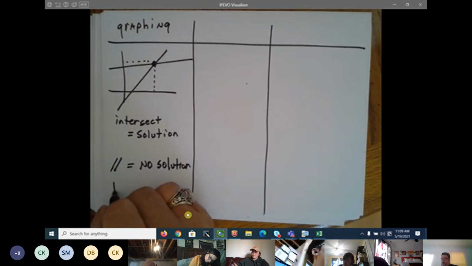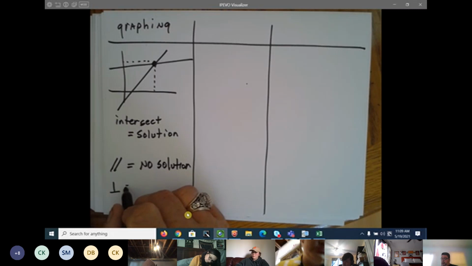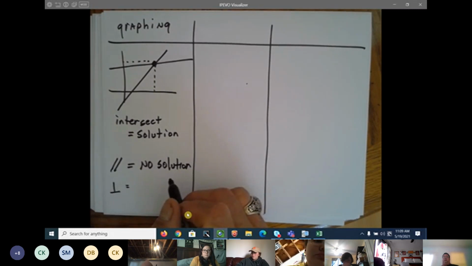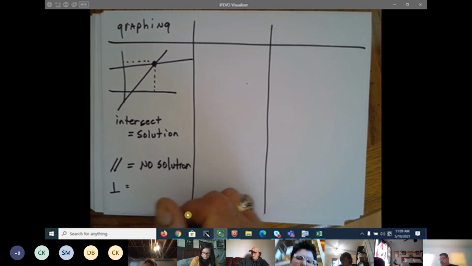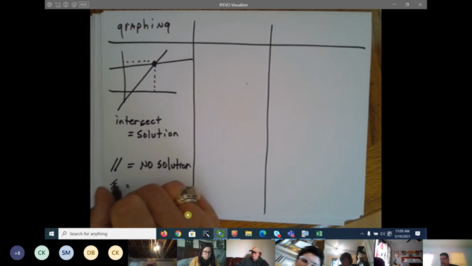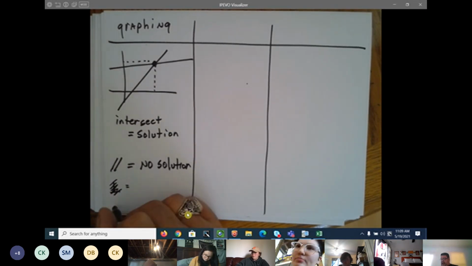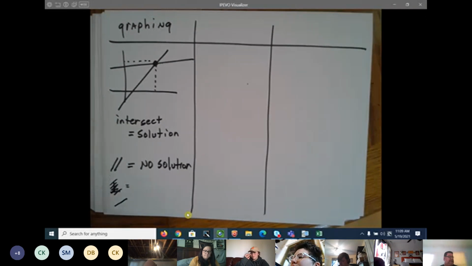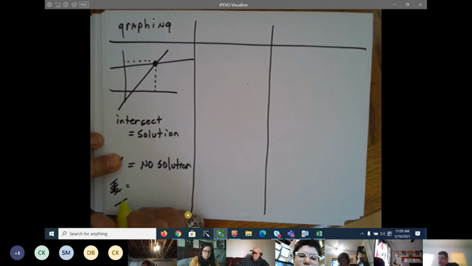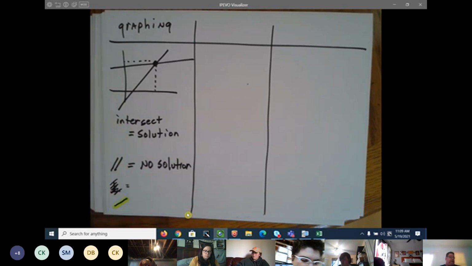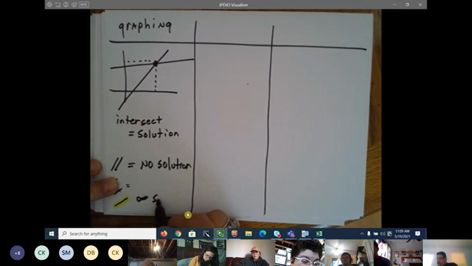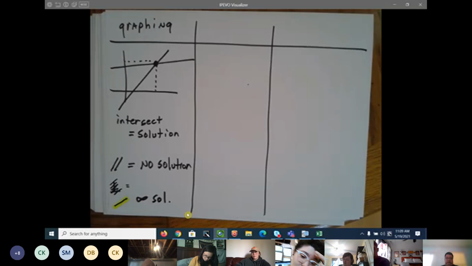What if they are perpendicular? One solution, I'm sorry. That's not right. What if they are the same line? I'll make a black line and then I'll highlight it yellow. What if you have the same line on top of each other? Infinite solutions.